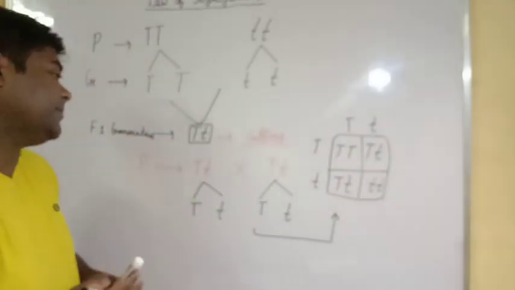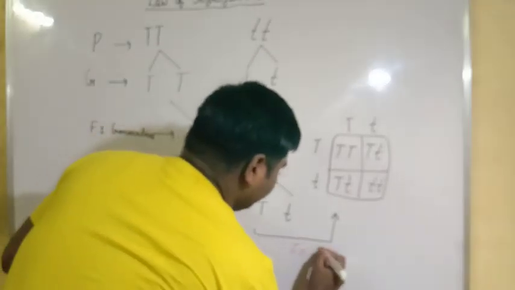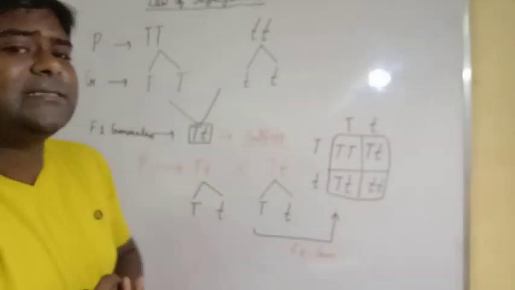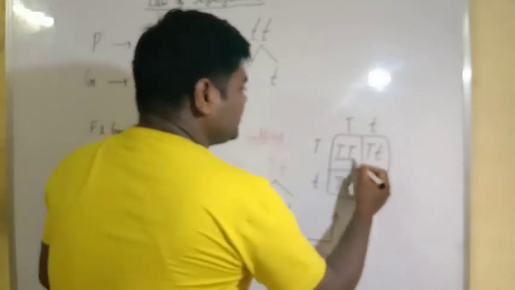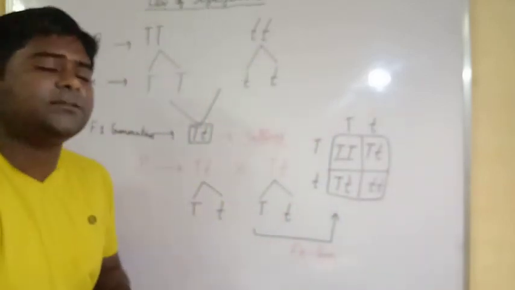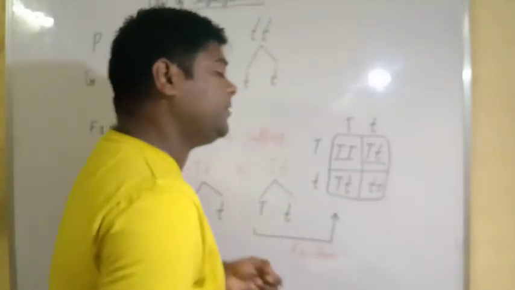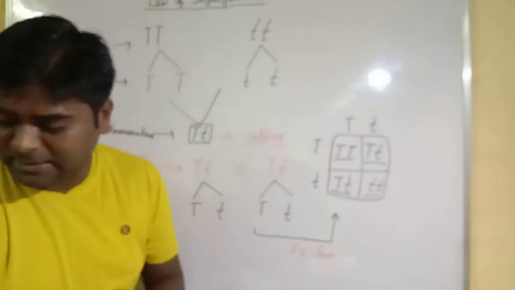So that is the F2 generation. So what did Mendel receive in the F2 generation? Let's see. This one is homozygous dominant, capital T capital T, heterozygous, capital T small t, this is also heterozygous, and this is homozygous recessive.